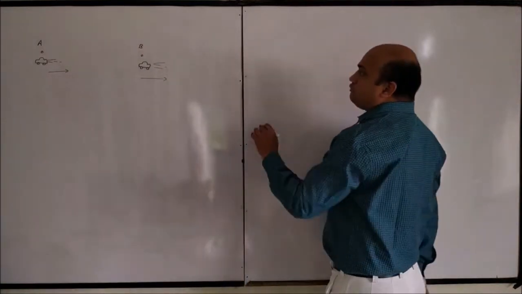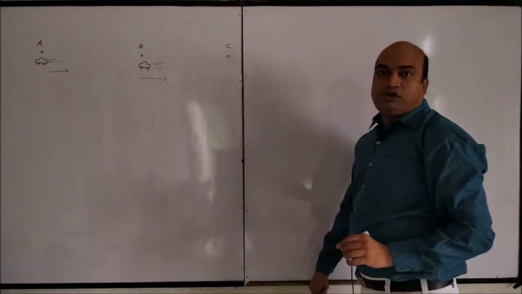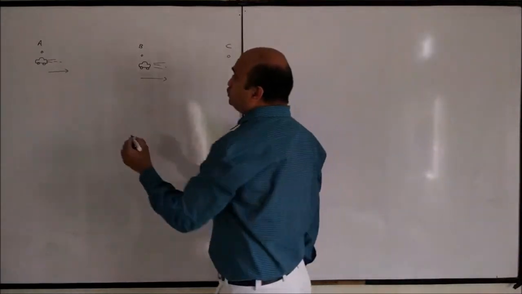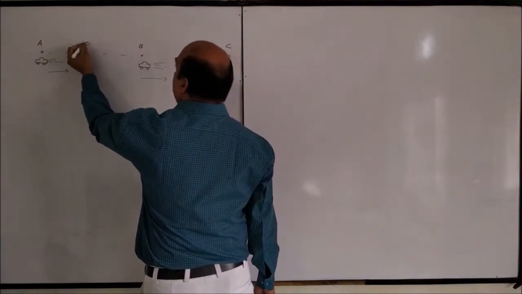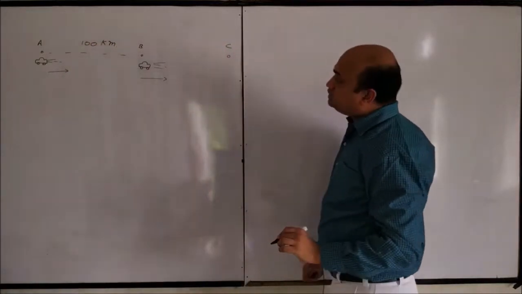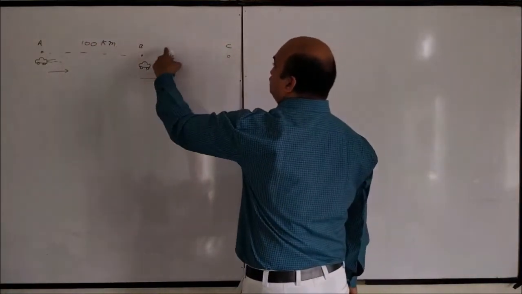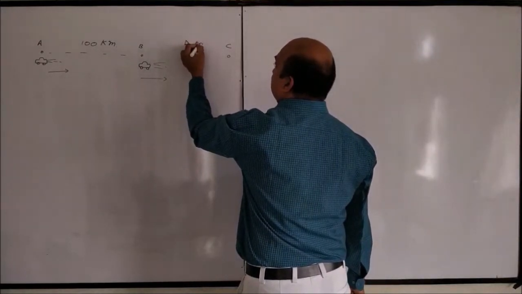After some time, they meet at this point, that is at point C. The distance between A and B is given as 100 km. We will consider the distance between B and C as d1 km.